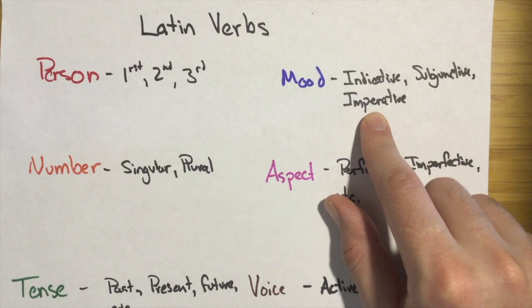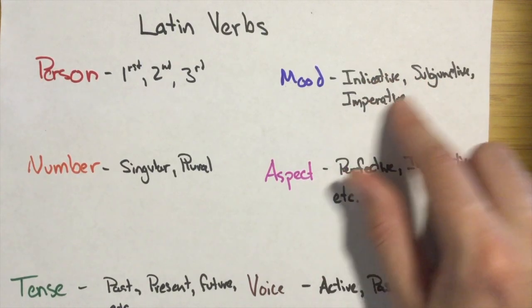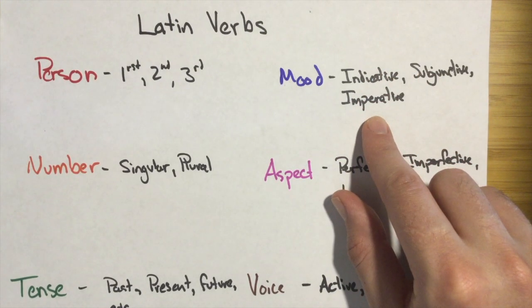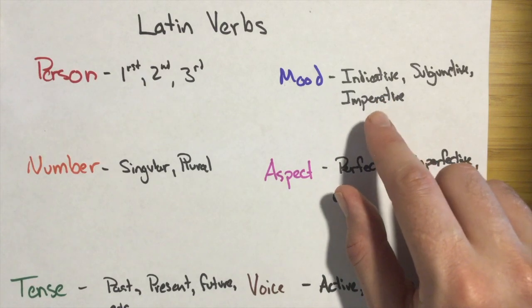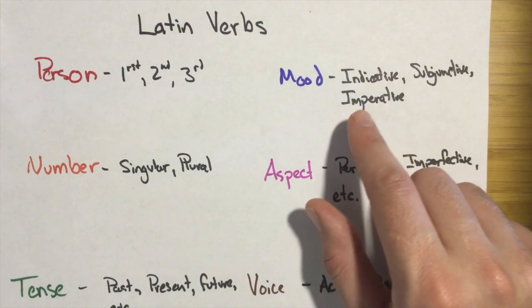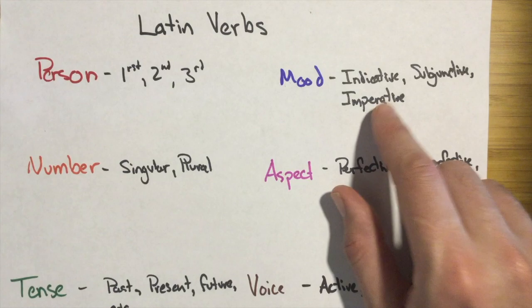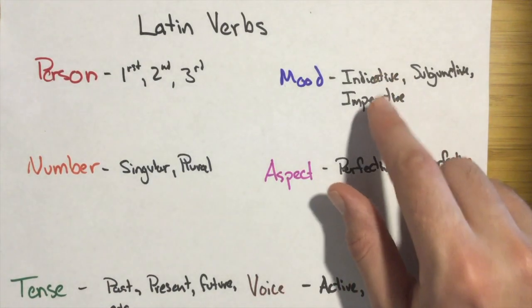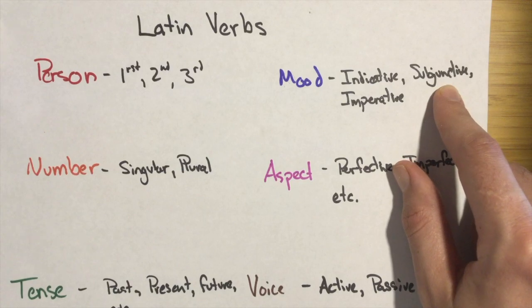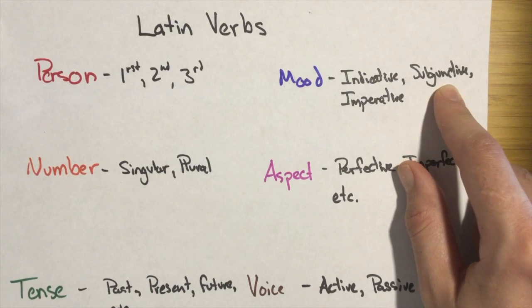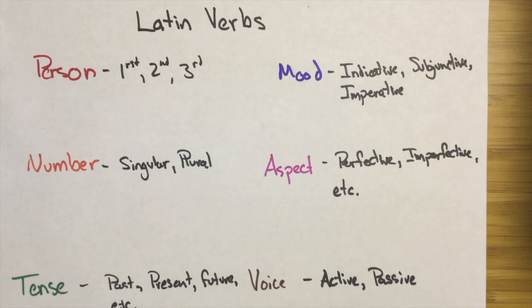So it's a sort of command. Subjunctive has other uses, but just understand that it deals with what is intended to be expressed by the predicate. In other words, whether it's a fact or a command, or in subjunctive, it could be a hypothetical, for example.